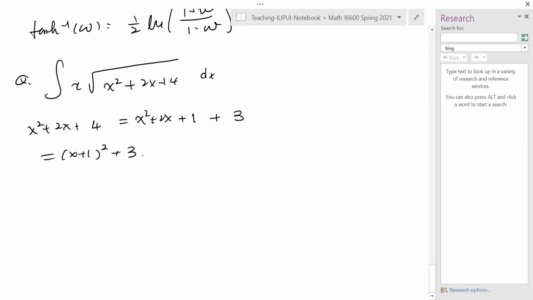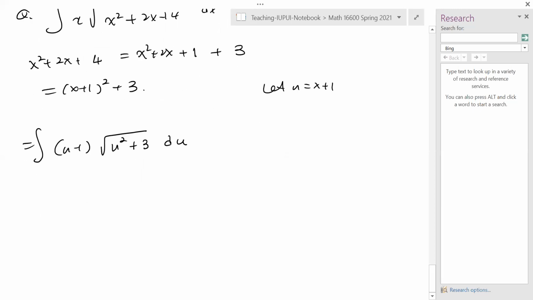So it's natural to use a substitution, let u be x plus 1 first. And this integral becomes, what is x? x is u minus 1. And here, the square root of u squared plus 3, du. Wow, how do I evaluate this integral? Okay, so there will be two parts here.